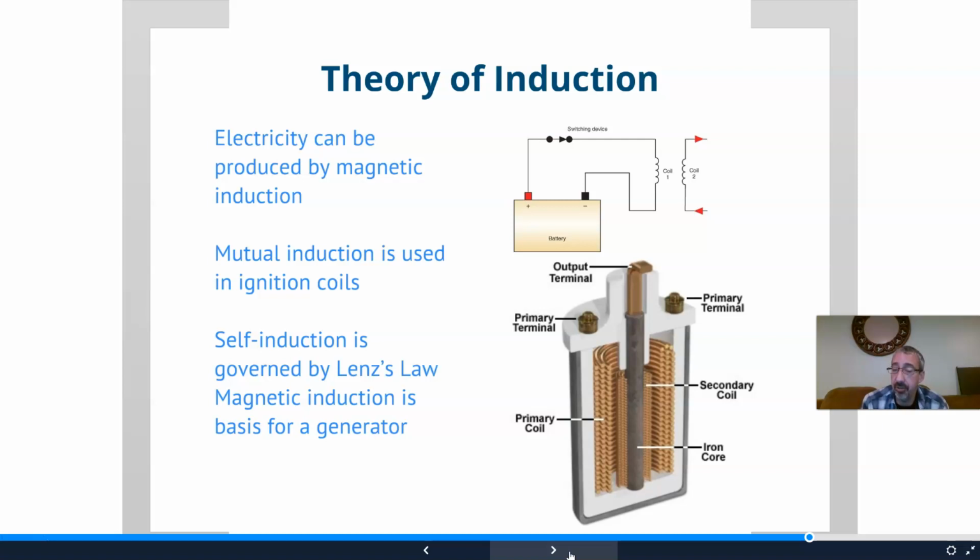The secondary coil, the secondary windings, are next to it. They're not part of it. They are next to it. Well, remember before we said, if we run current through a conductor, we get a magnetic field, or if we move a conductor through a magnetic field, we get current.